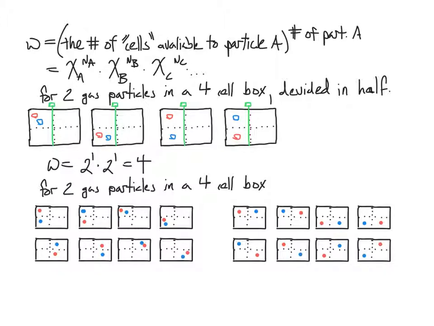Here I've drawn out all 16 configurations, but it's much more straightforward to use the equation above and calculate W. To calculate W for this system, we see that there are 4 cells available to the red particle, so that's 4 raised to the 1, multiplied by 4 cells for the blue particle, and there's 1 particle raised to the 1. 4 raised to the 1 times 4 raised to the 1 is 16.